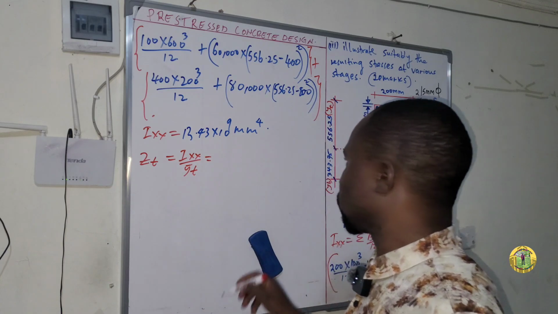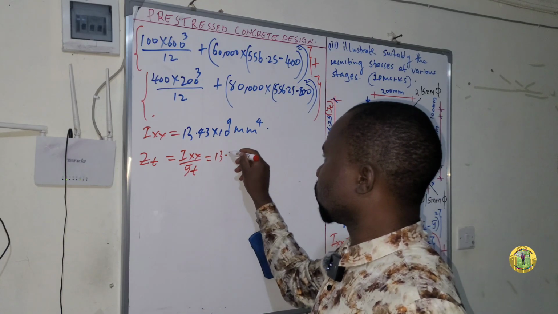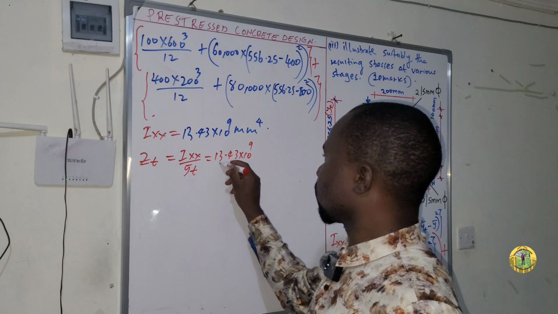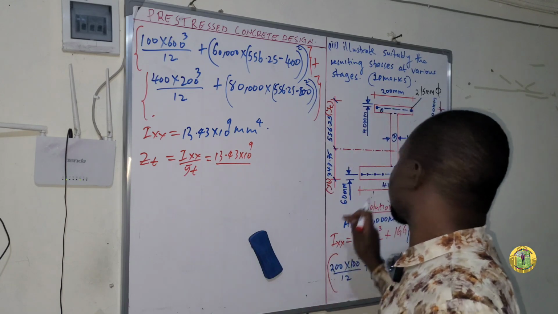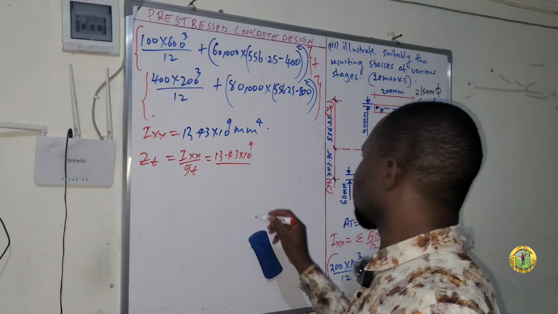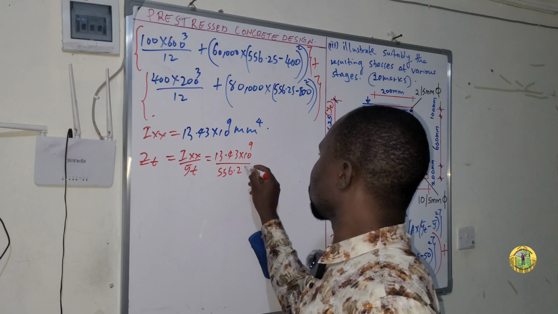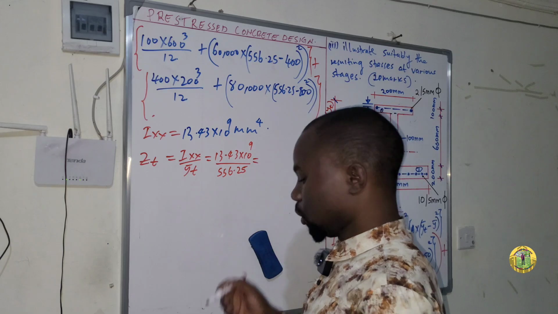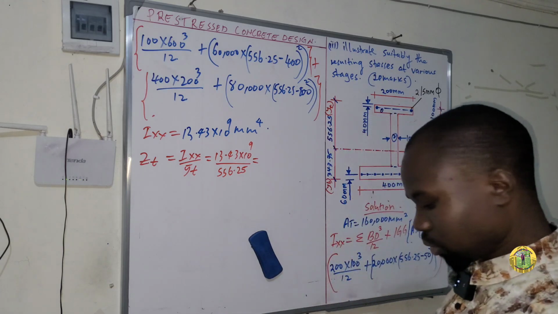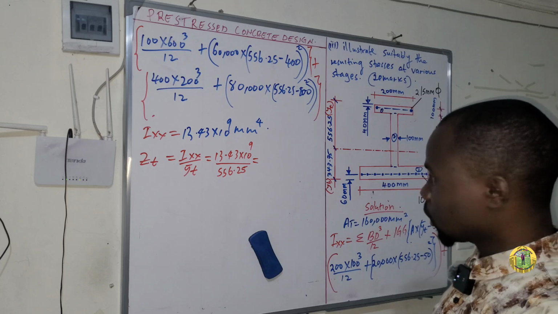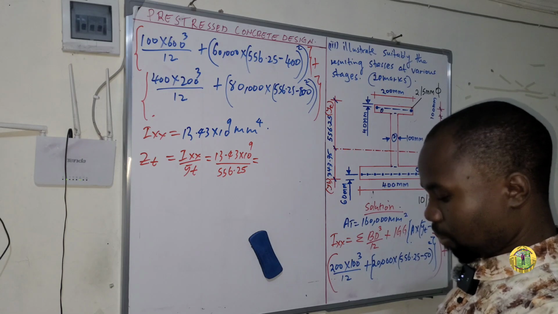So this one is equal to 13.43 times 10 to the power of 9 over y bar top, which is 556.25.